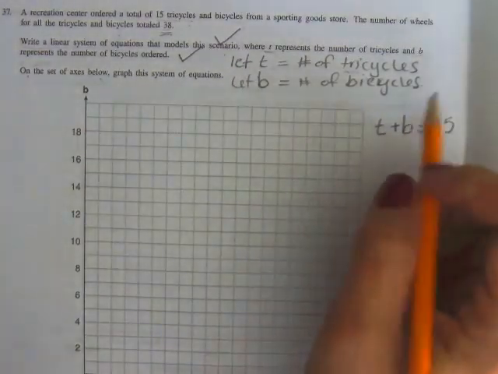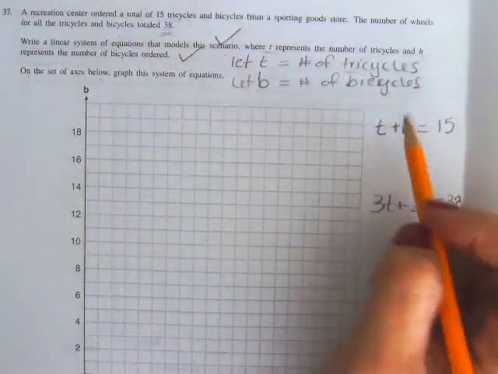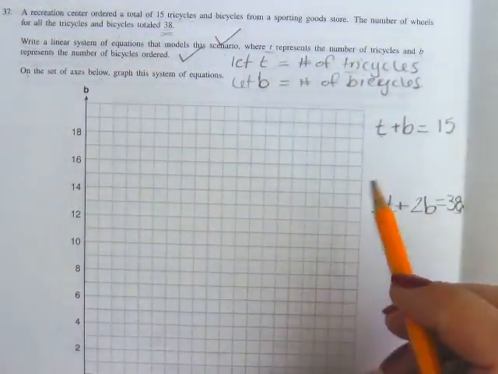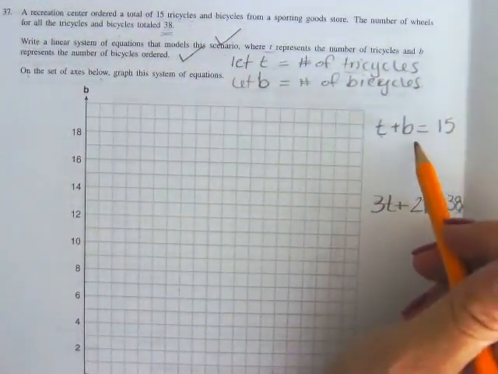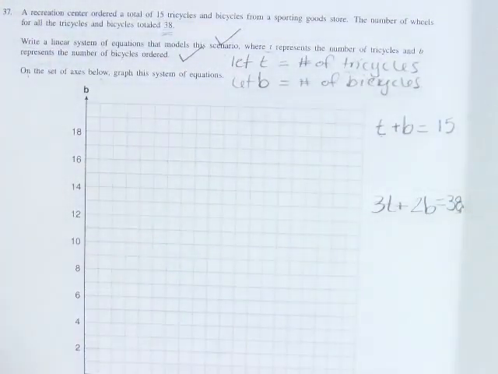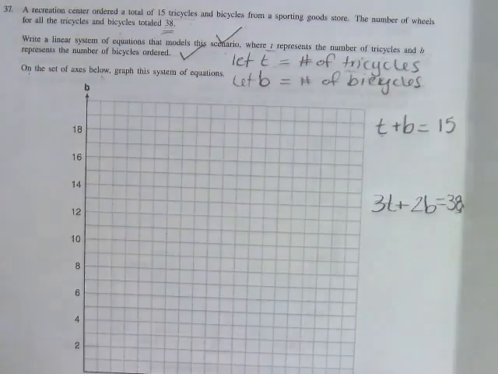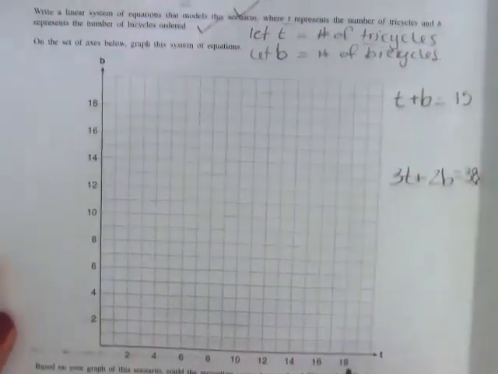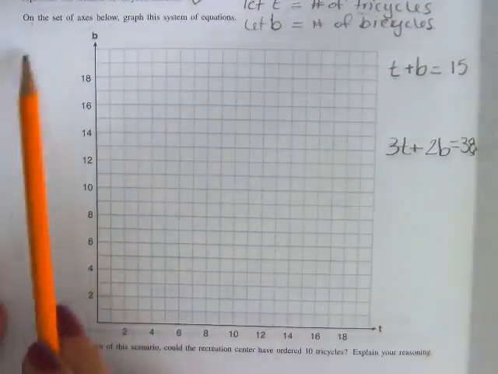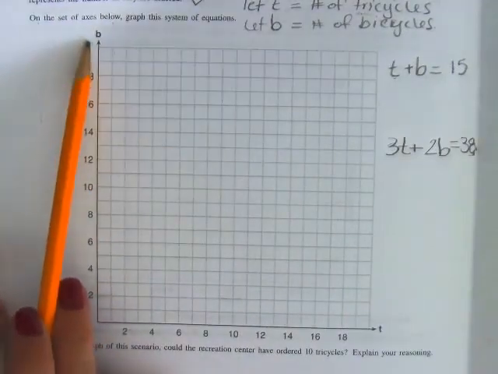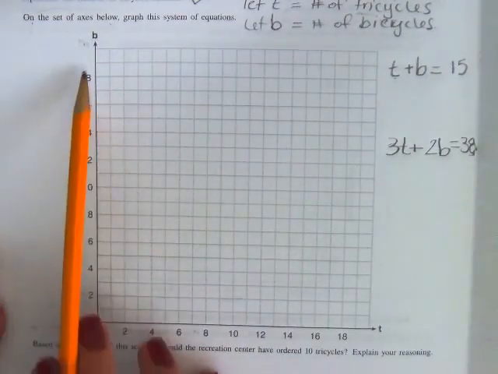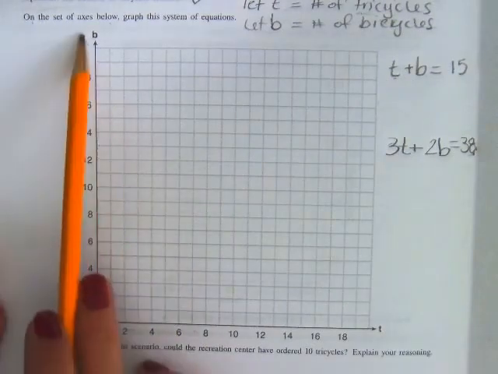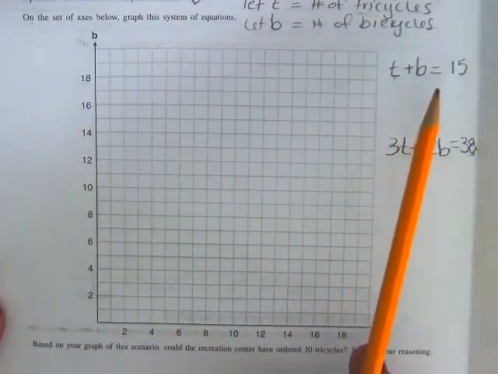In this case, I have tricycles and bicycles, and I am going to make the B my y. If you don't know which one to make your x or y, note on your axes that they labeled it for you. So B is here, where this axis would normally be your y. That's why I'm going to make B my y.